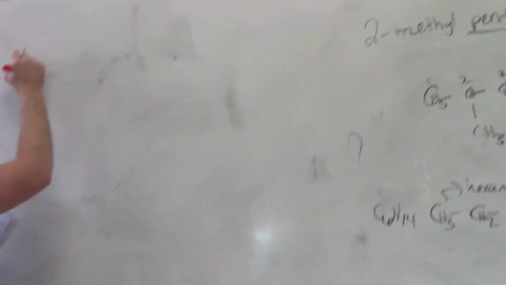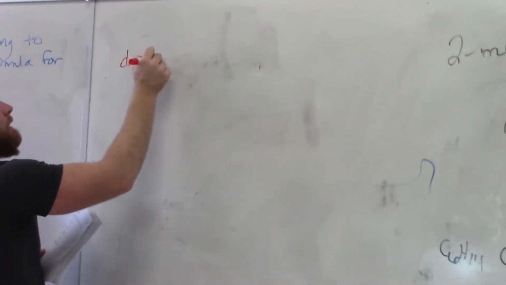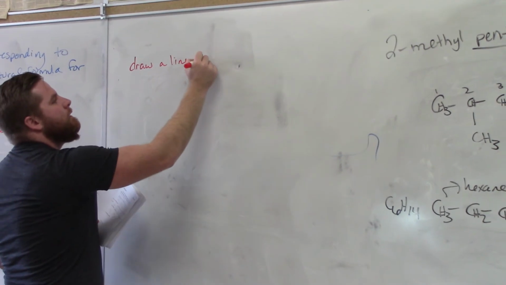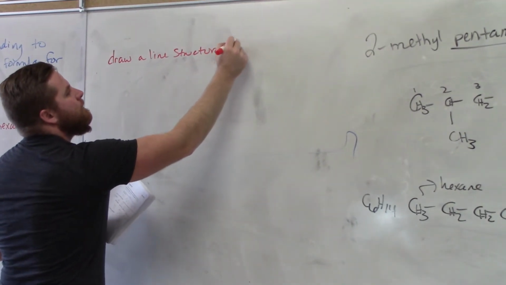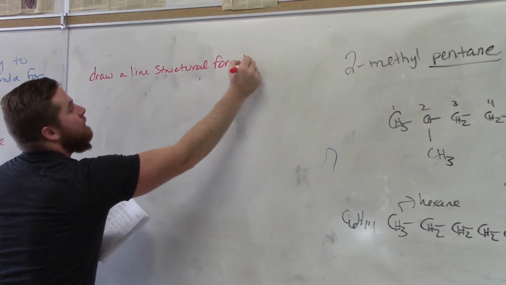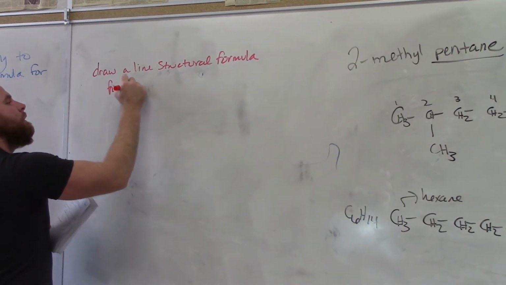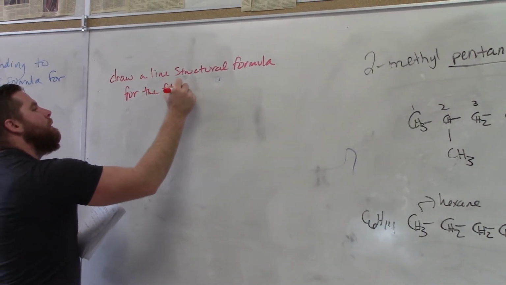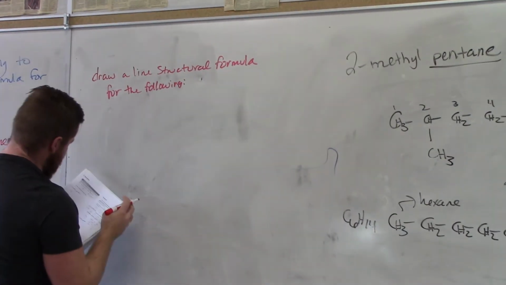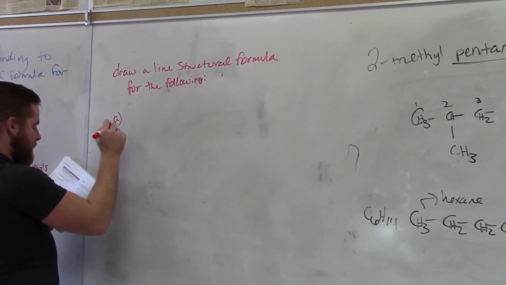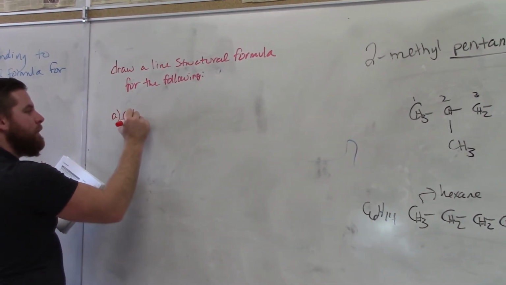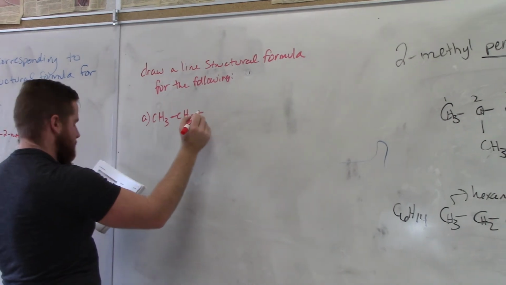So this is going to say draw a line structural formula for the following. A is CH3, CH2.